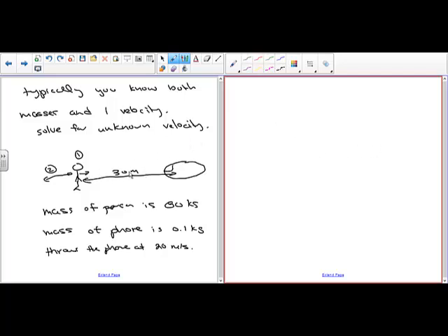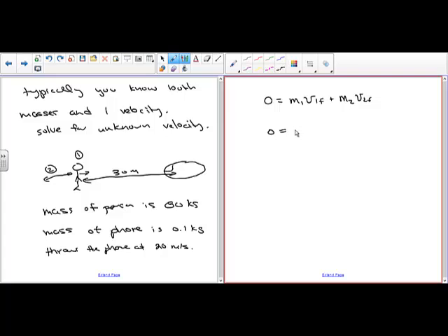Well, that one's easy. Once you know the velocity, you can use the relationship between velocity, time, and distance to figure that out. But let's use conservation of momentum, and what that's saying is that m1 v1 final plus m2 v2 final equals 0. We're going to call the person object 1 and the phone object 2, so we can just plug in.